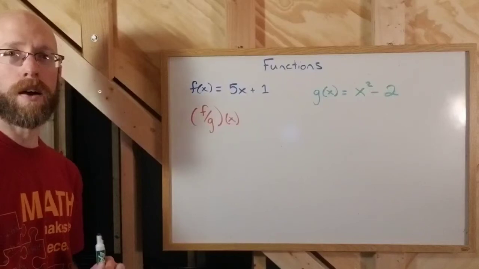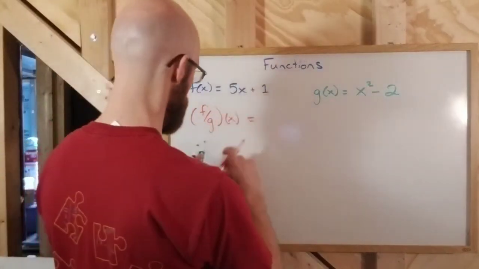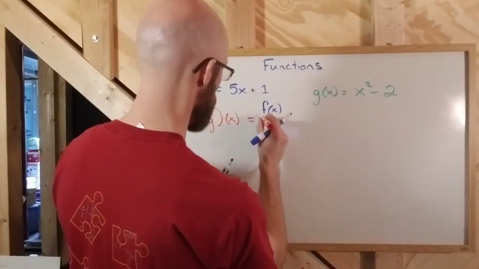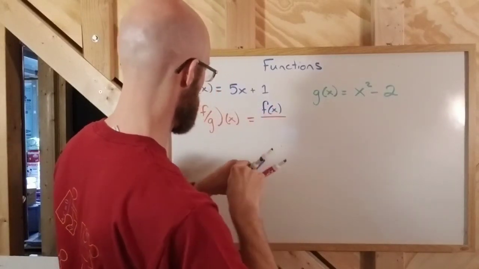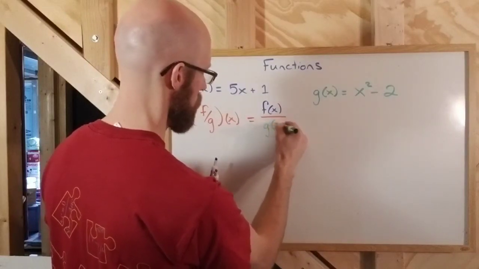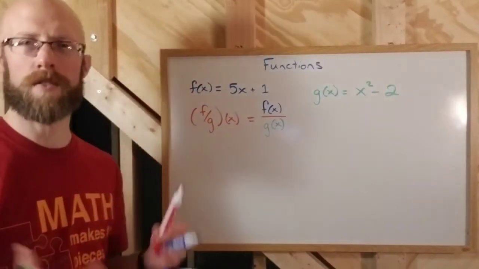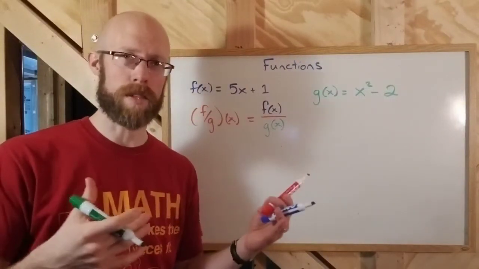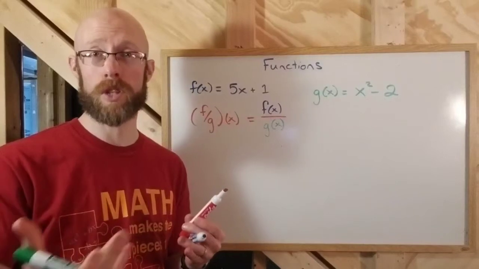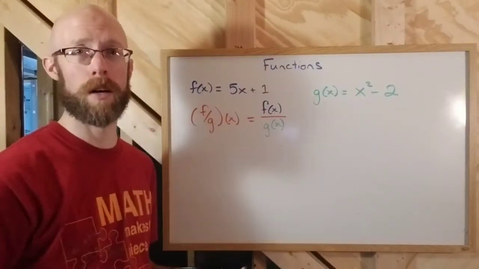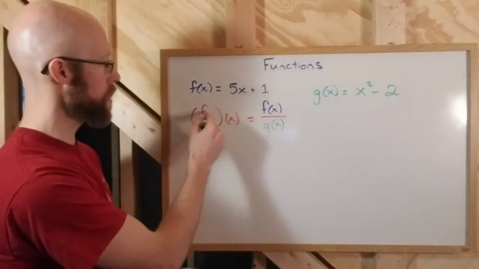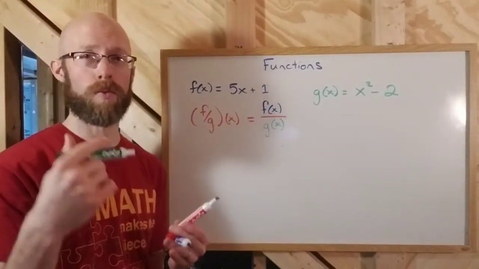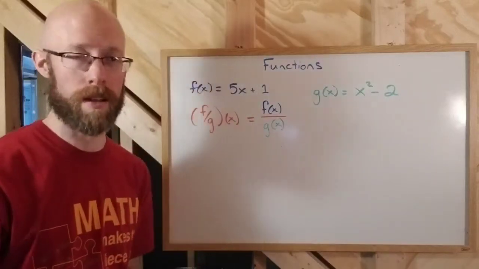All right, and now how I would write that is to write out f of x over g of x. And now just remember too, it doesn't have to be f over g, it could be g over f. You can change the order of these things, but it will change the function. So you don't want to just scramble them all up all the time. I'm just saying you got to follow what's written here, but I may have written g over f instead. So just be aware of what's being written first, what's being written second.